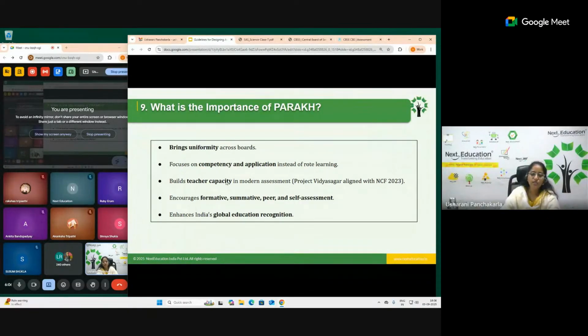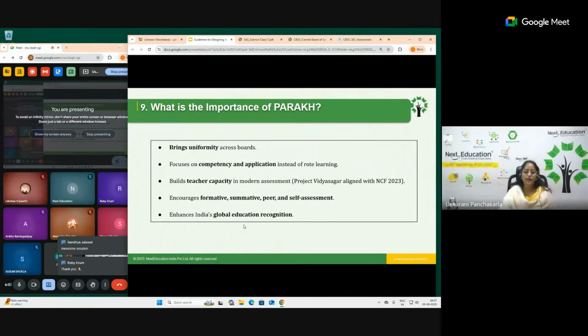Now coming to the next one, encouraging formative, summative, peer and self-assessment. Here it encourages all of this, and mostly when it comes to PARAKH right now, it is MCQ based questions, where you have 45 questions after grade 3, and then somewhere around 60 items, etc. It also enhances India's global education profile.